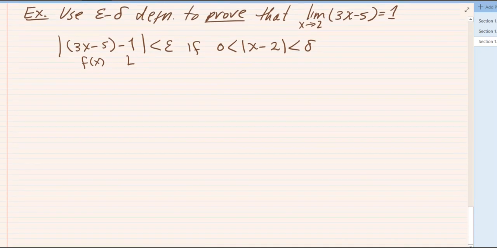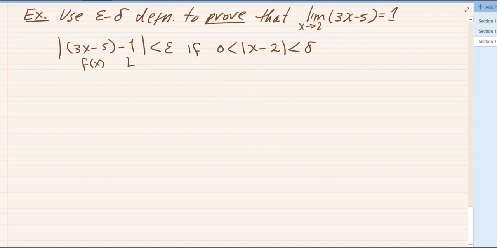We're about to discover our delta. So here's how we're going to go about it. I'm going to write absolute value of 3x minus 6. Remember, that's negative 5 minus 1 up here, directly above that. That's where the 6 comes from. Absolute value of 3x minus 6 is less than epsilon if 0 is less than absolute value of x minus 2 is less than delta.